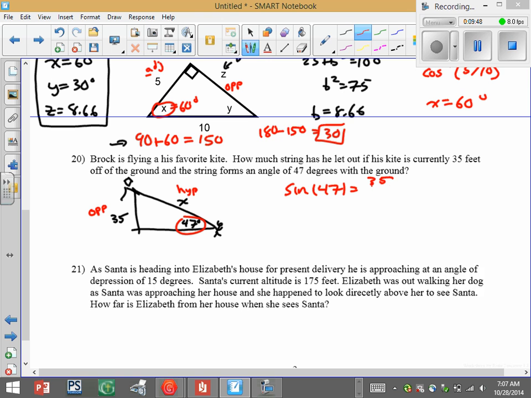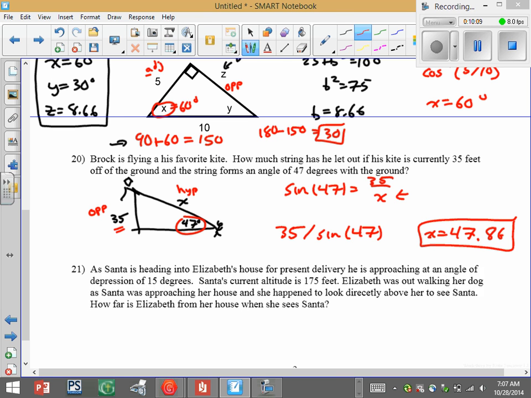Opposite on top, hypotenuse on the bottom. And since x is in the denominator, we divide. So 35 divided by sine of 47. So x is equal to 47.86. And again, that should be bigger than 35 because x is the hypotenuse, and sure enough it is.